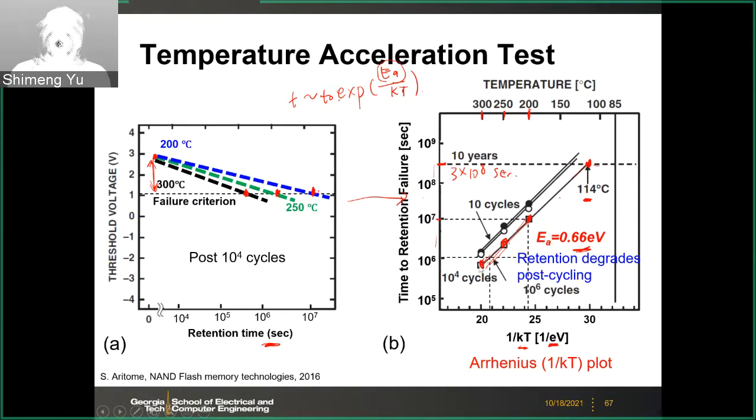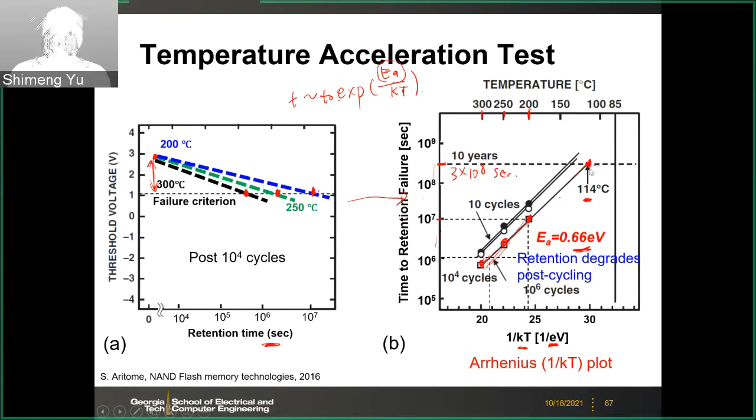So here you measure the device at higher temperature, for example 200C or 300C, and then you extrapolate the behavior at lower temperature to predict the lifetime of the data retention.